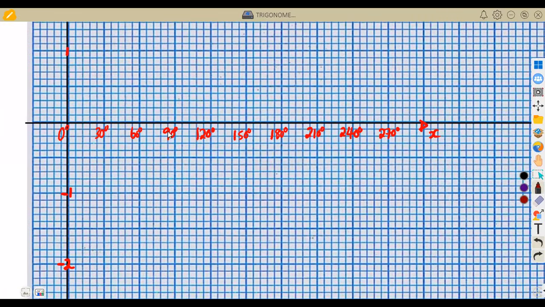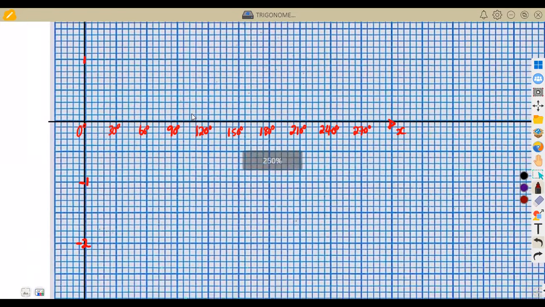Then on the y values, I'm just choosing to take the whole 10 boxes like this, because these are first 5, another 5. I just combine them to be my 2 centimeters representing 1, which means we're talking about 10 boxes there. So this is how I'm going to take my points on the graph.